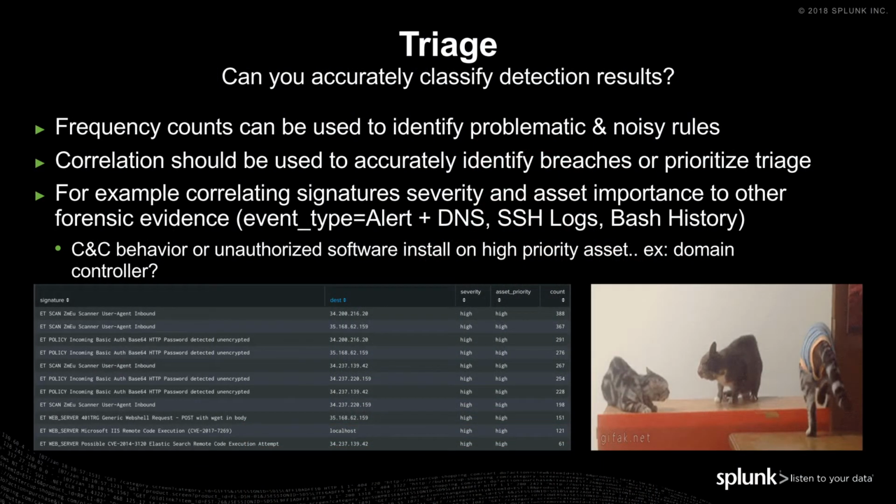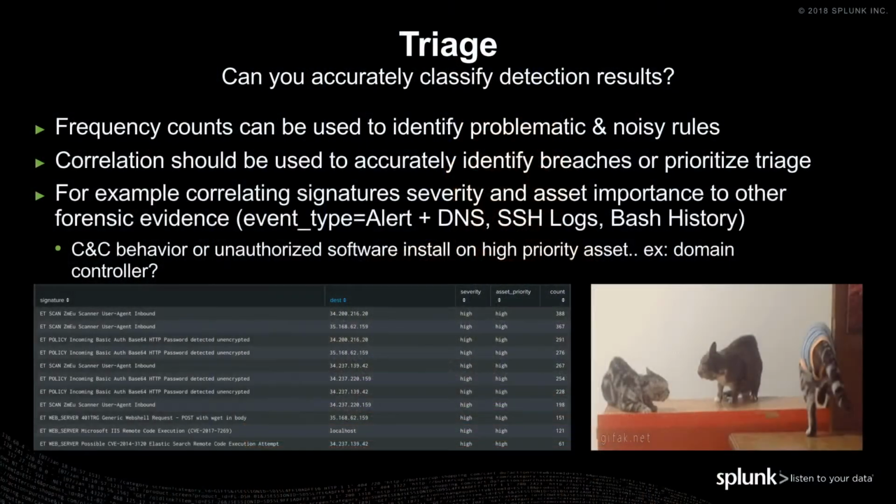So one way of doing this is frequency counts, right? You can look at the frequency that a rule fires or a certain behavior occurs within the enterprise and use it to, again, identify problematic and noisy rules, but you can also correlate that with other rules. So using two pieces of data to identify whether something is actually worth investigating.